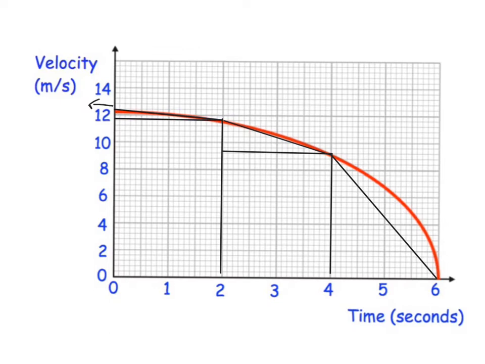So the first thing to think is, well, what is each little square worth? Well, if one big square is worth 2, and there's 5 little squares there, so 2 divided by 5 is actually going to be 0.4. So each little tiny square is worth 0.4. So this top triangle here, that's 1 square above 12, so that's going to be 12.4.